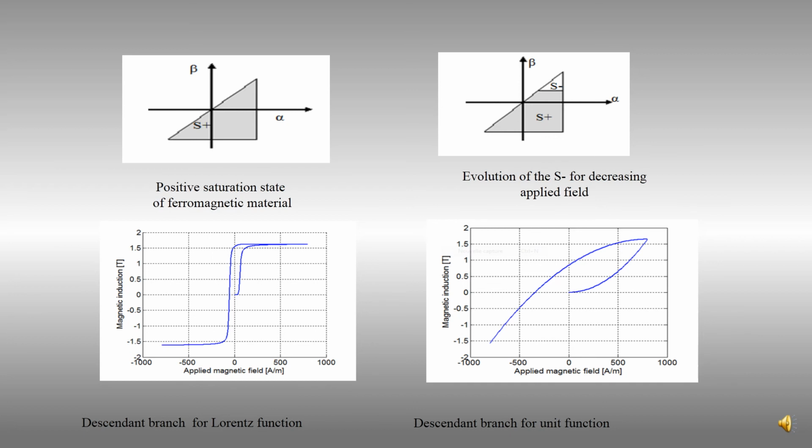The two figures below show clearly the difference between the descending branch for the Lorentz function simulation and the descending branch for the unit function simulation. And you can see the large difference between them.